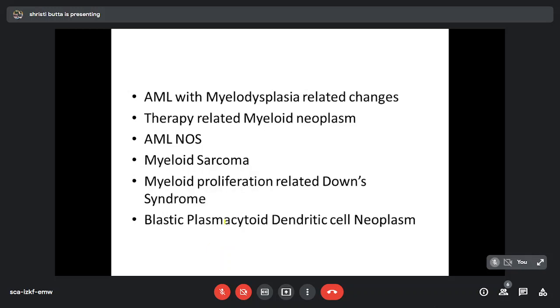Other types of AML are AML with myelodysplasia related changes. We also have the therapy related myeloid neoplasms, AML not otherwise specified, myeloid sarcomas, myeloid proliferation related to Down syndrome, and we also have the blastic plasmacytoid dendritic cell neoplasm.